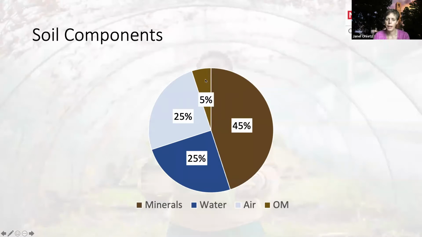In North Carolina, in the Southeast, it's likely a lot less than that because it's hard to build organic matter in warmer environments, because the microbes have an opportunity to continue to eat and decompose it for a much longer period of time than, say, in Minnesota, where it's frozen half of the time and the microbes are not active. And then the other half of that entity is pore space. In a good healthy soil, we want that pore space to be half filled with water, so it's available for the plants, and half airspace, because those roots actually need to breathe as well.